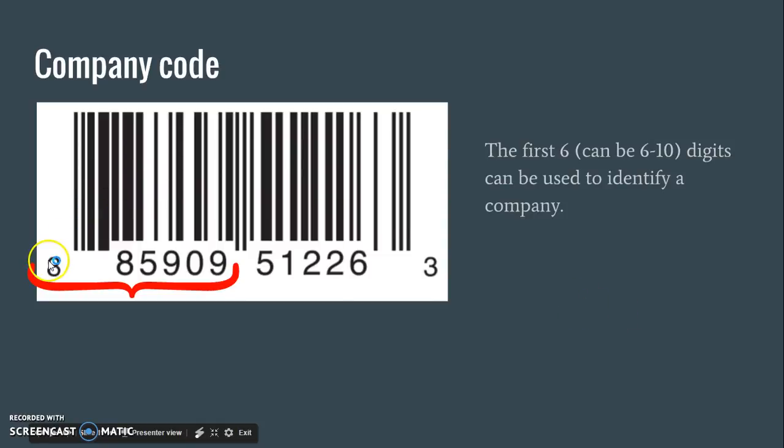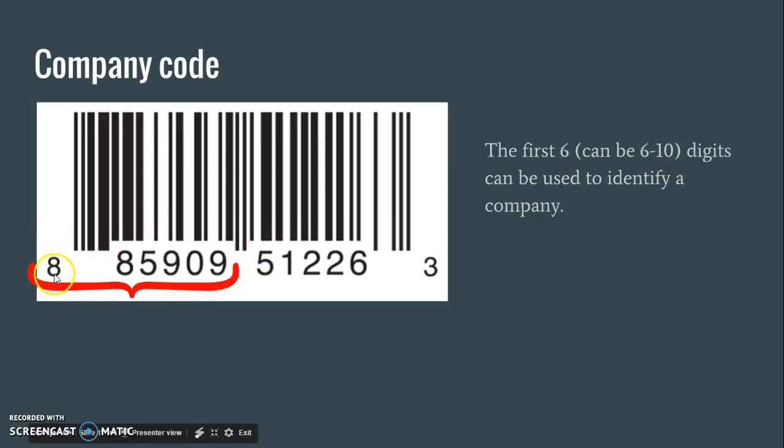It's usually the first 6 numbers. By looking at these 6 numbers, you can actually tell which company has made the product. It could be up to 10 digits actually, but usually it's only 6.